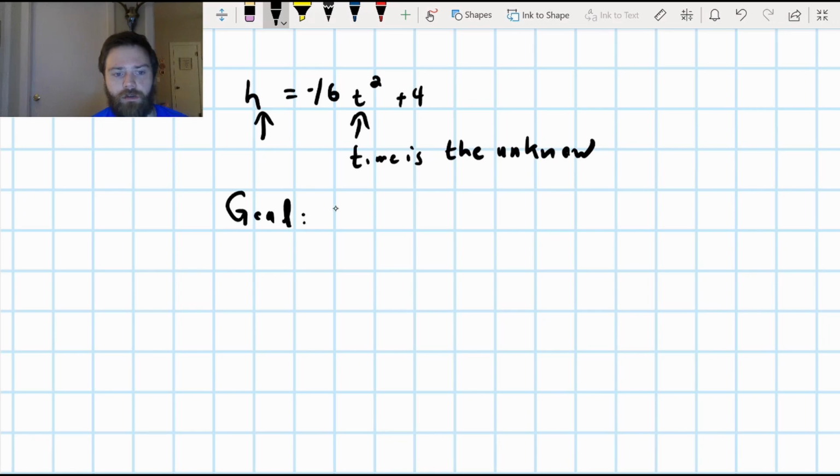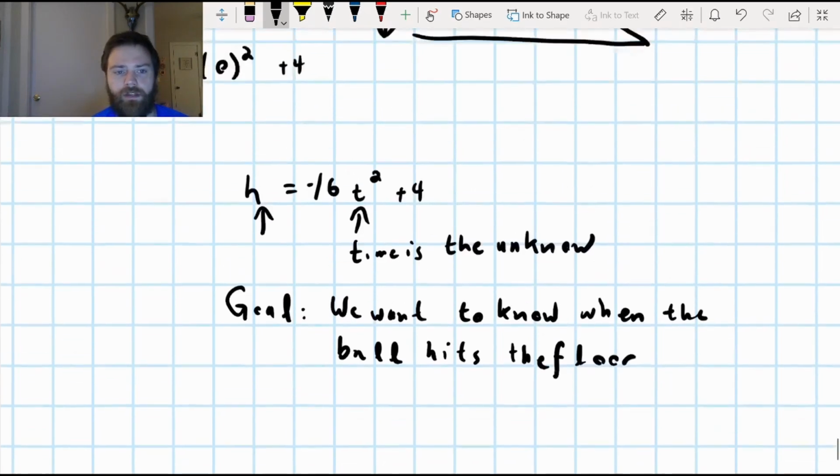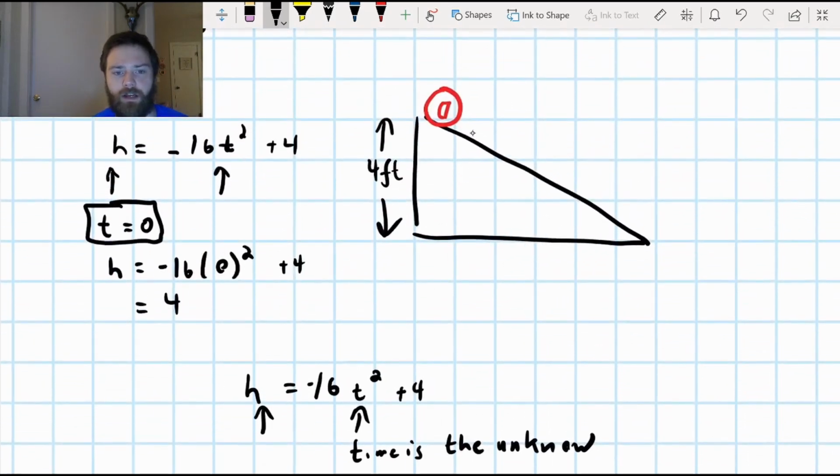We want to know when the ball hits the floor. If I go up here and look at this and think about this ball rolling down, well, the floor is down here.